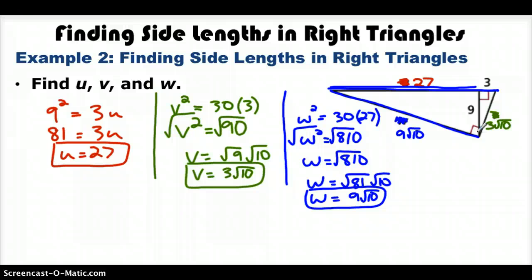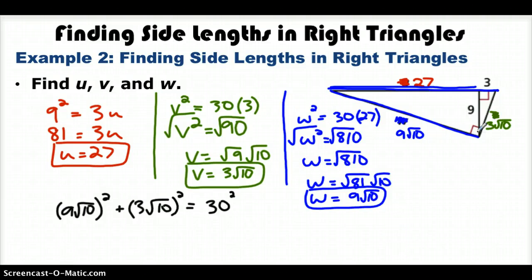So I'm going to take 9 rad 10 squared plus b, which is our other leg, 3 rad 10 squared, and that has to be equal to c squared, which is the entire length of the hypotenuse, 30, so 30 squared. 9 squared I know is 81, so this is 81 times 10 plus, 3 squared is 9, and rad 10 times rad 10 is just 10, so 9 times 10 equals 30 squared.